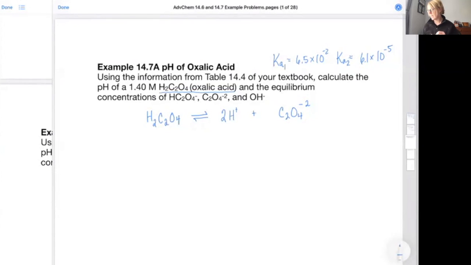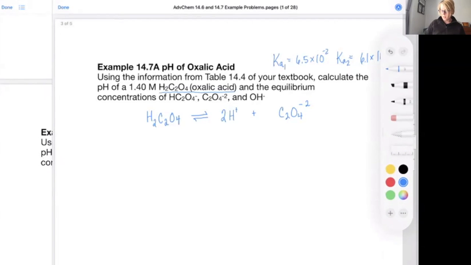Instead of writing it the way I have done here to show the two hydrogen ions, we are going to look at it as if it is stripping these hydrogens off one by one. So the Ka1 would be for this equation instead. This would represent the Ka1, 6.5 times 10 to the negative 2.